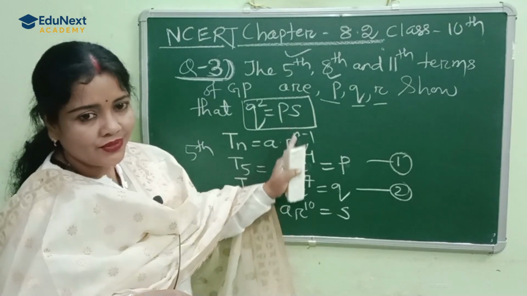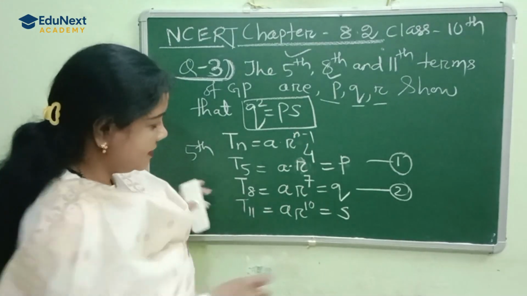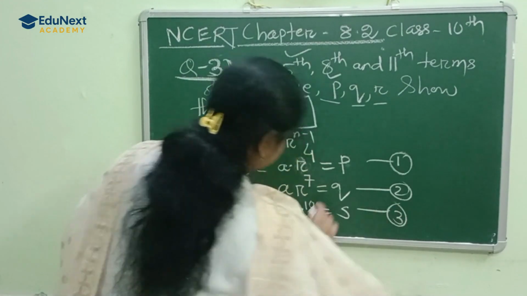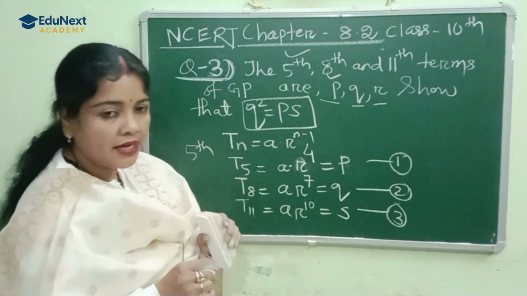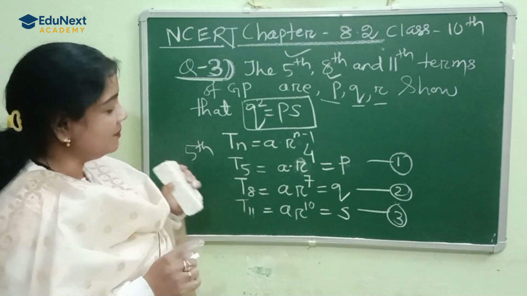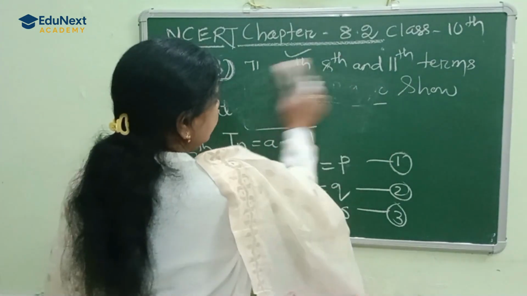So how? Now let us multiply P and S and see in the final answer whether Q square is coming or not. So now here I am solving.